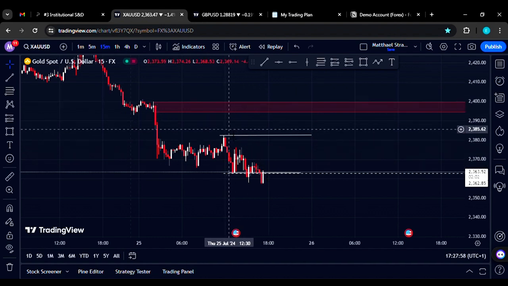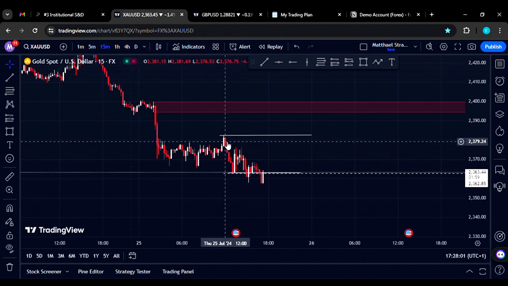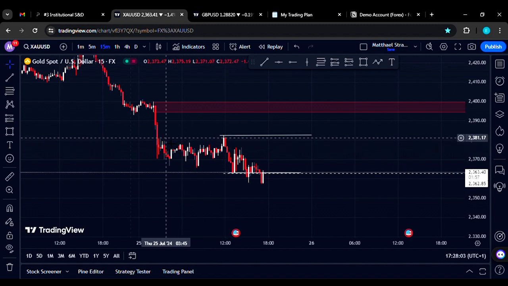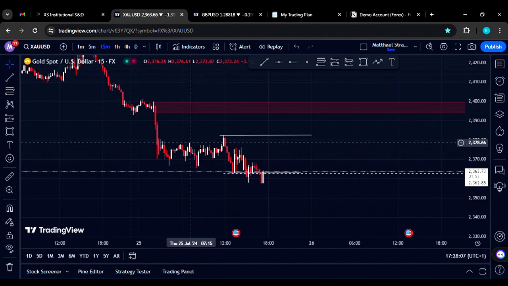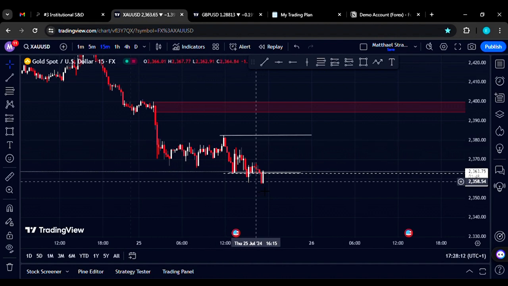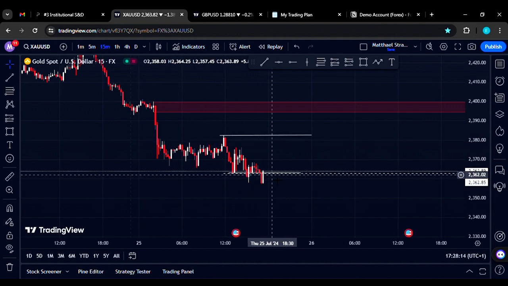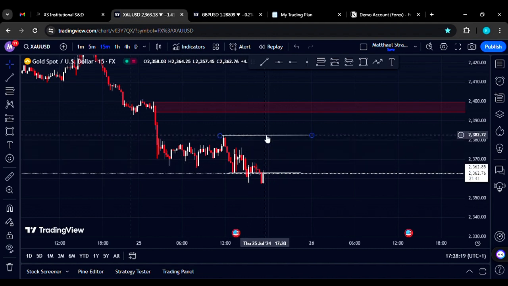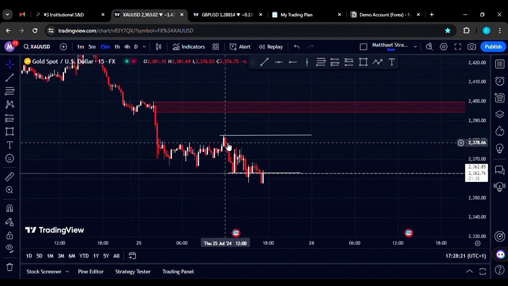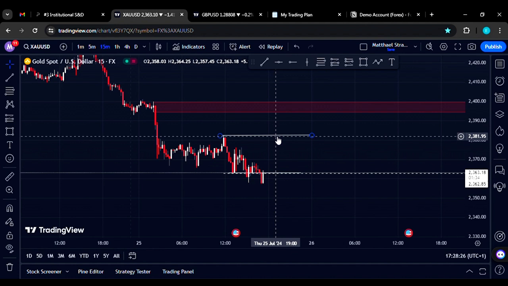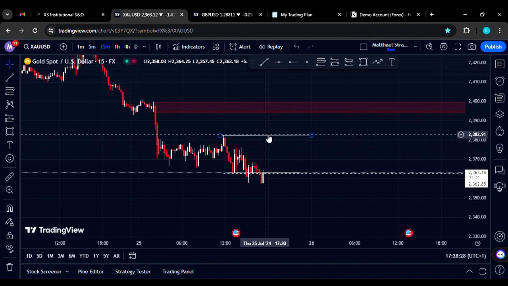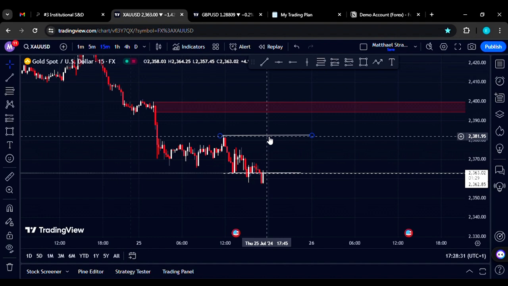But on the other hand, price could also just sweep this liquidity, because it could have taken enough liquidity here, then push down to break this swing low. All right, because one thing we should know is, since this is a recent swing high, most likely price won't break this. Price is likely to respect this level.